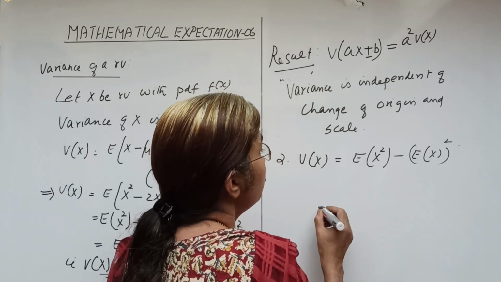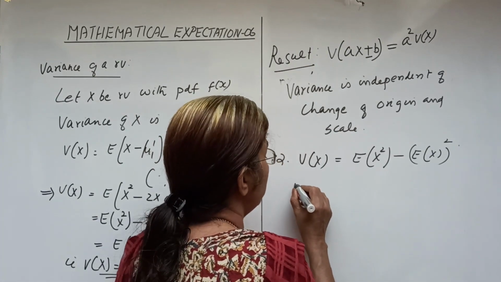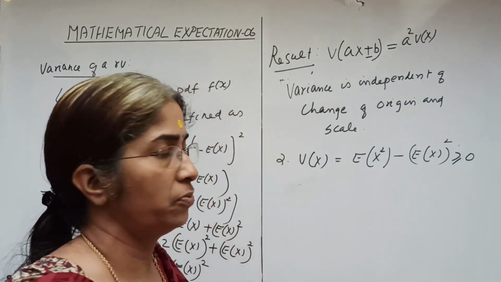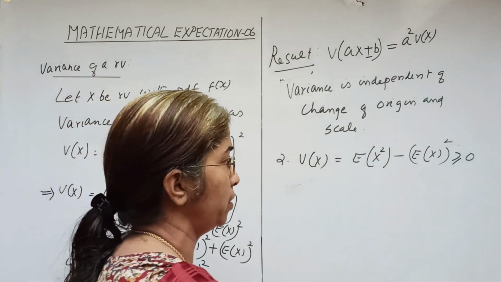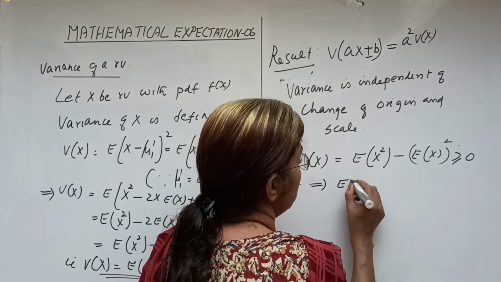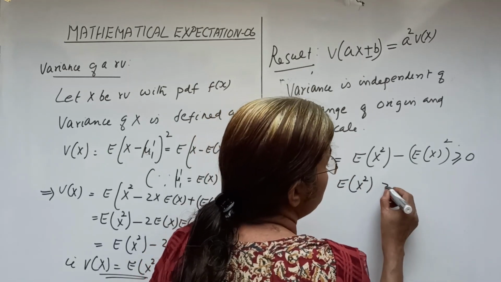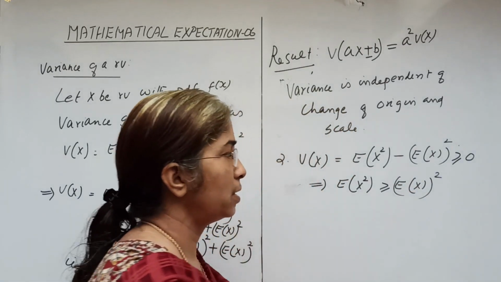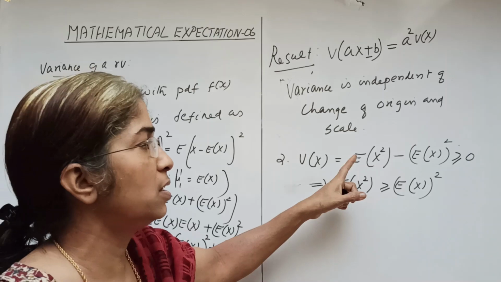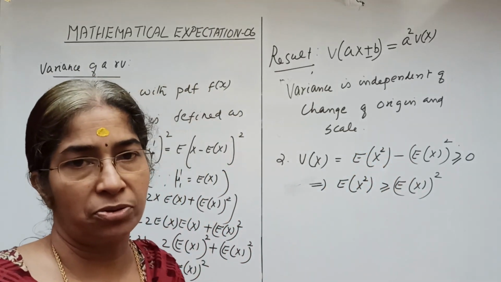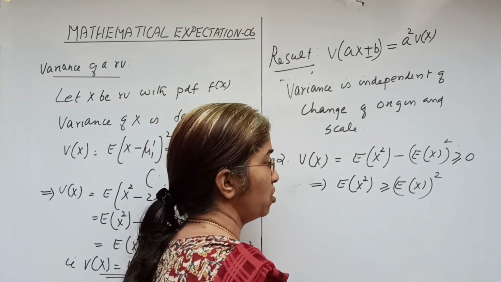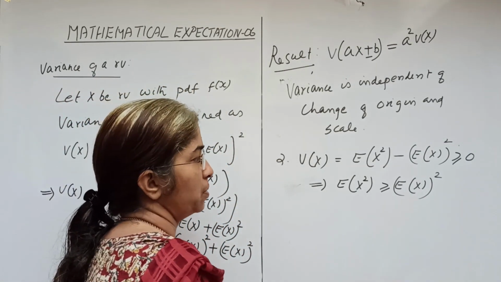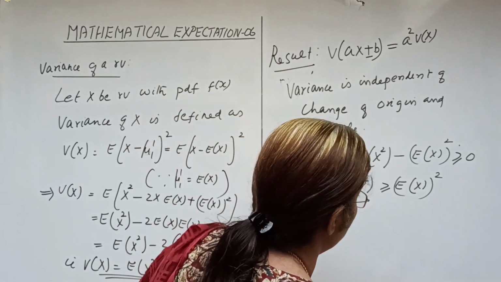We prove this as variance of X is always greater than or equal to 0, variance always non-negative. So expectation of X square minus (expectation of X) whole square is non-negative, which implies expectation of X square is greater than or equal to (expectation of X) the whole square.